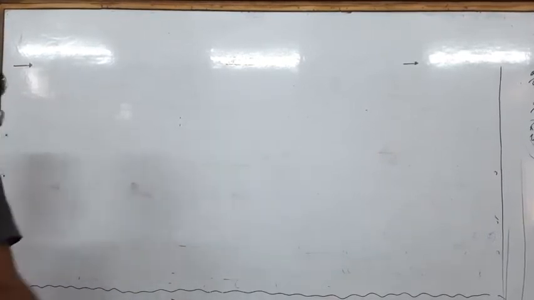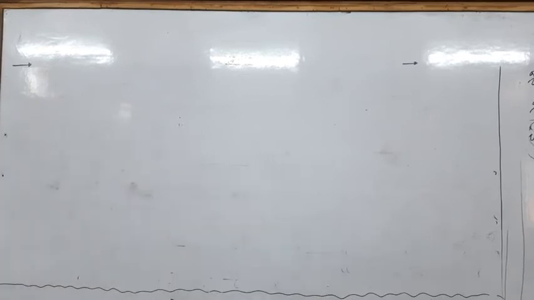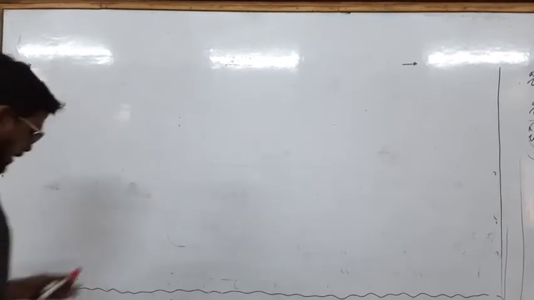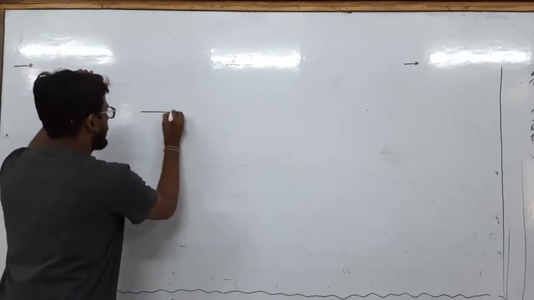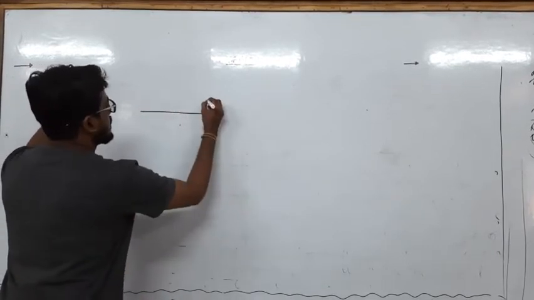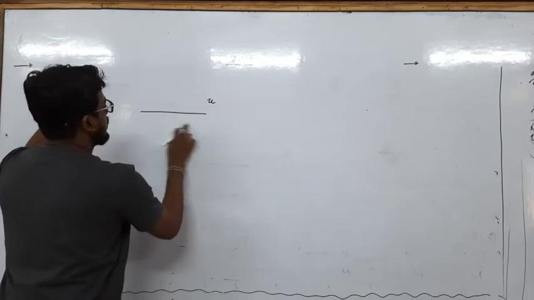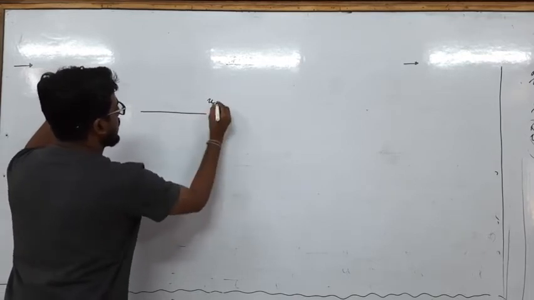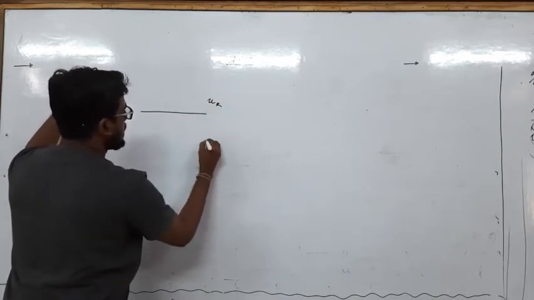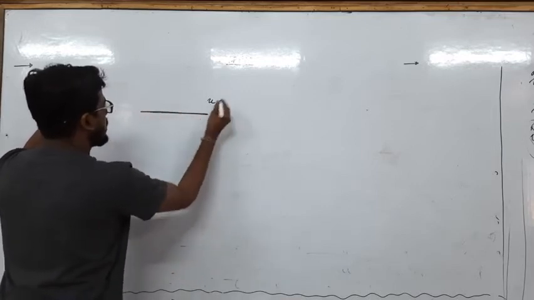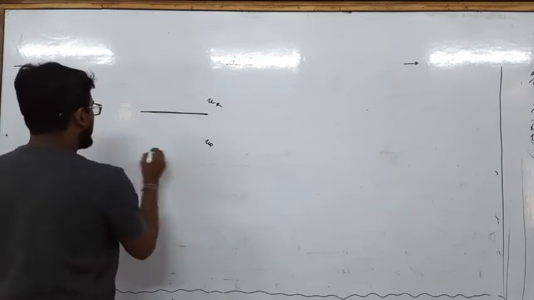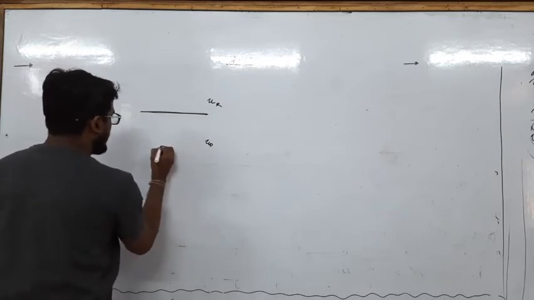So next we are going to discuss, from this you have to remember one thing: if here is a medium mu1, a rarer medium, and this is a denser medium, and this is the interface which separates these two media, and the object is placed in the denser medium here.